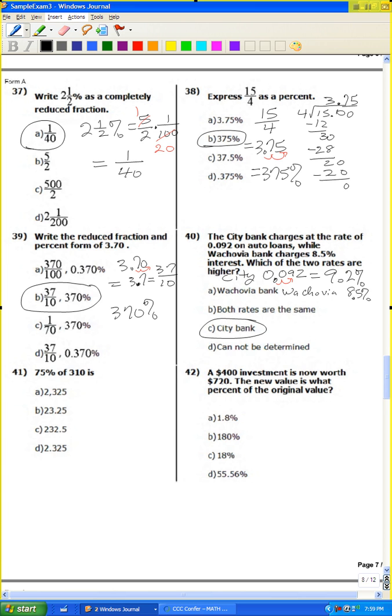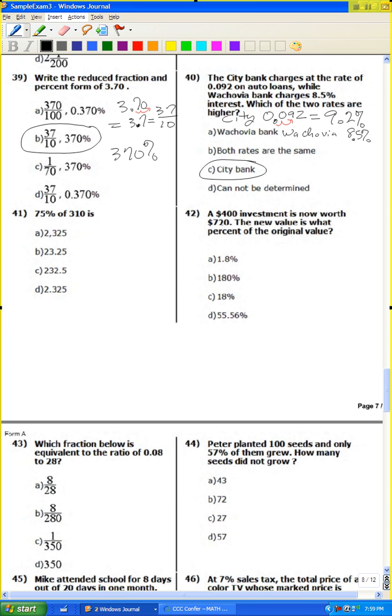Let me do problem 41. 75% of, remember of means multiply, 310. Let me rewrite percent as a decimal, 0.75 times 310. Let's multiply. Let's move that over.